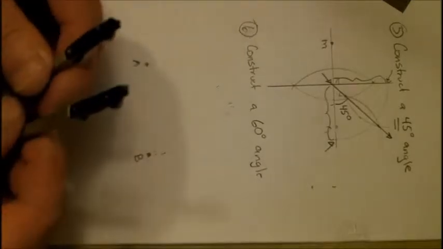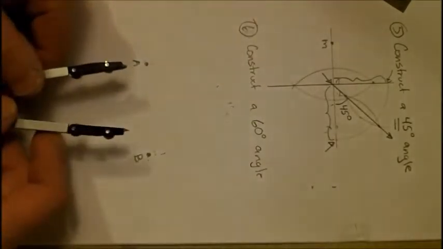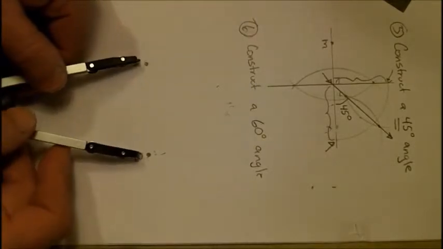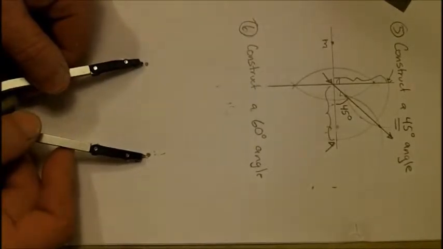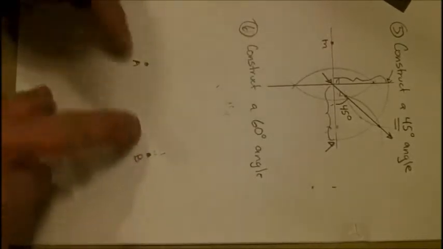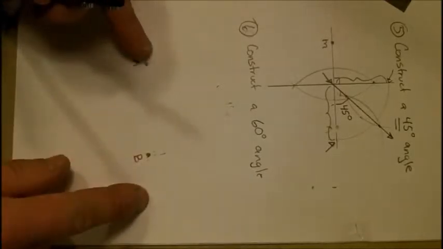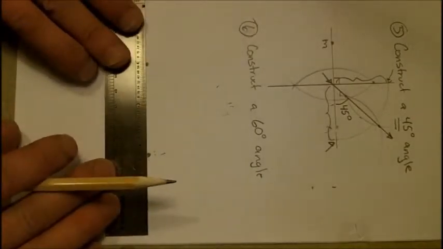Okay, so again, we used our compass, and in this case we measured the distance. Now you saw I just drew those 2 dots, and that's how you would start. You would just draw, say, 2 dots, and I'm going to draw a line through them.